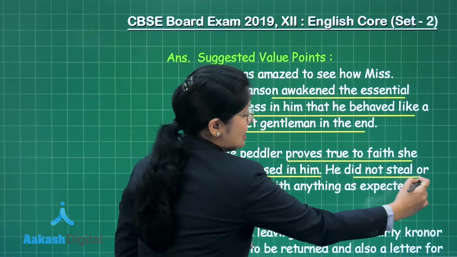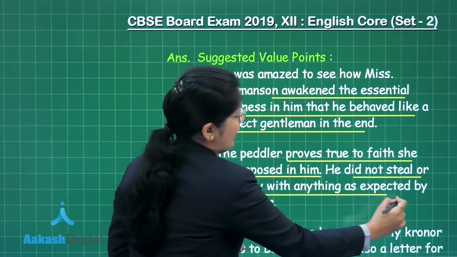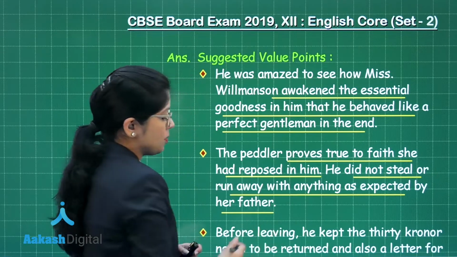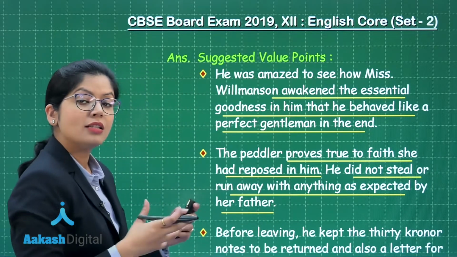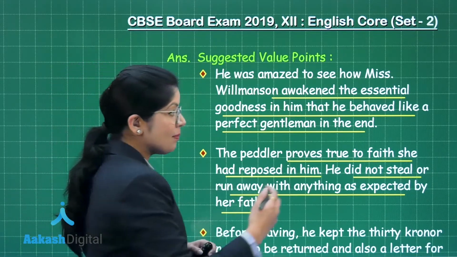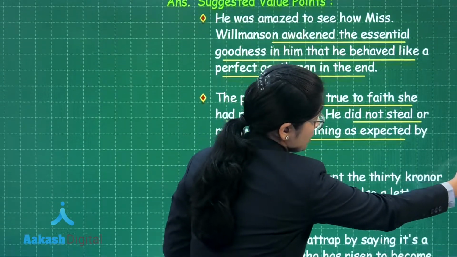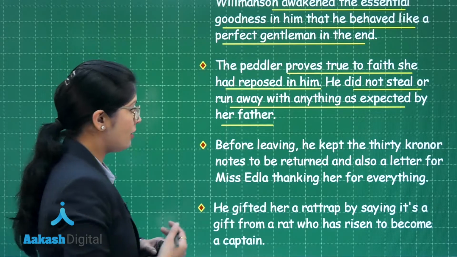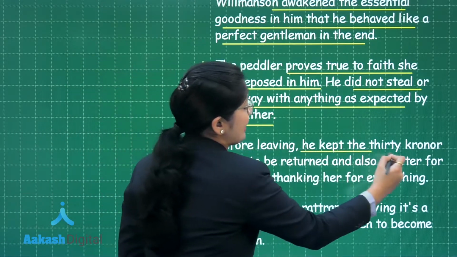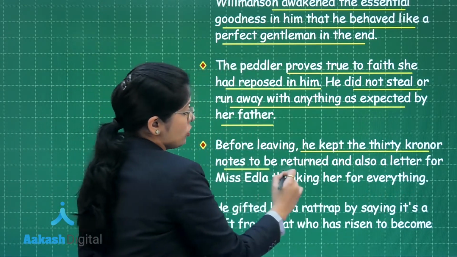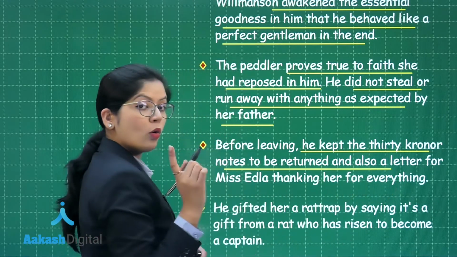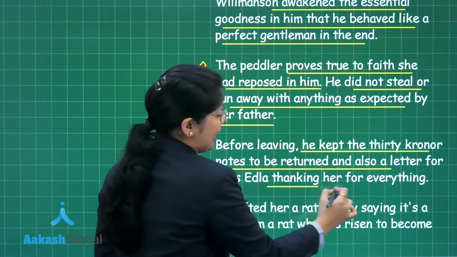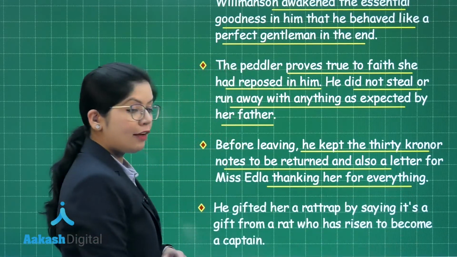He did not steal or run away with anything as expected by the father. This is where the story moves to the climax, where he goes on to set an example of an honest man. Before leaving, he kept the 30 kroner notes to be returned and also left a letter thanking her for everything.